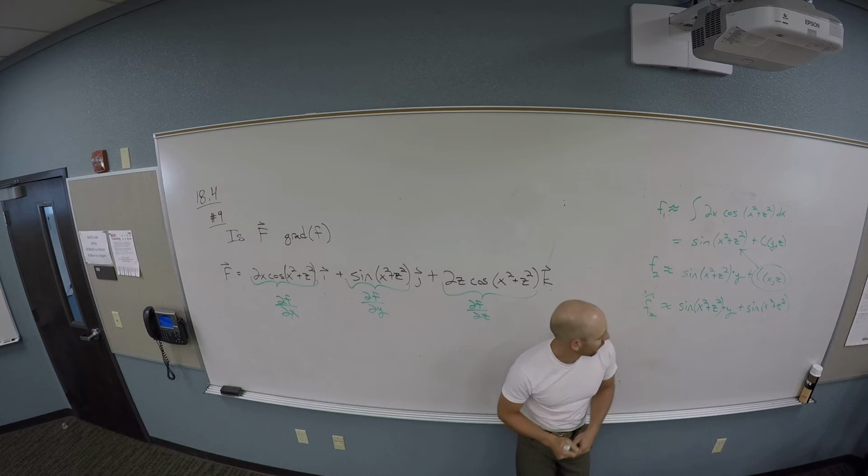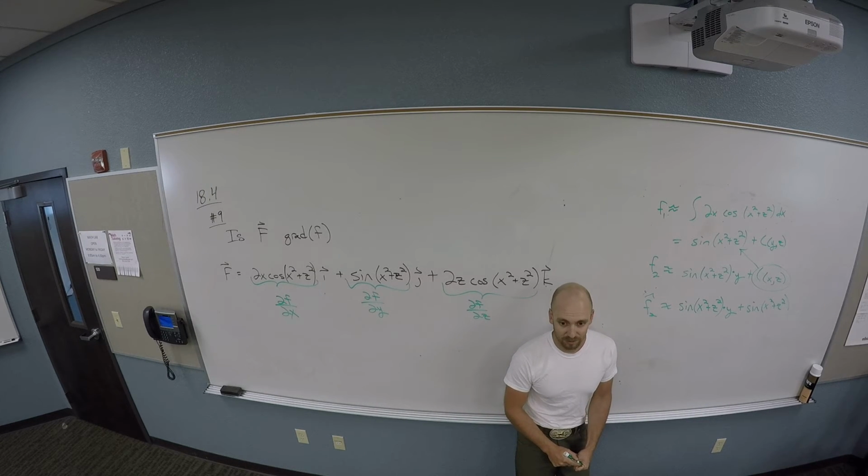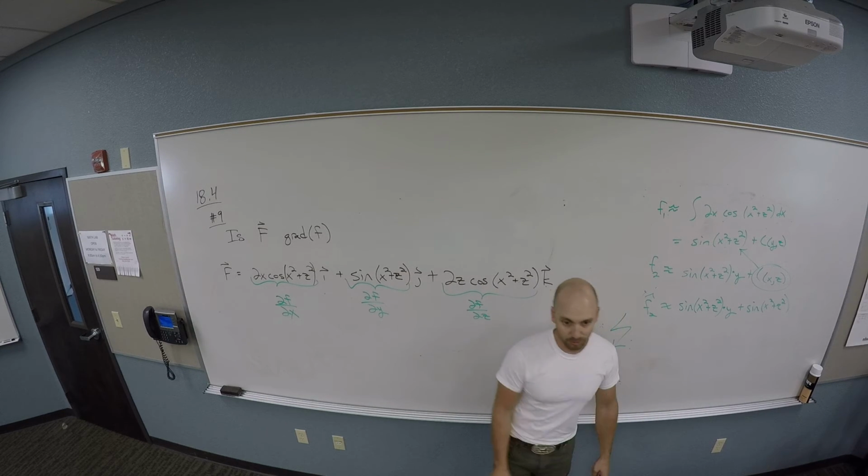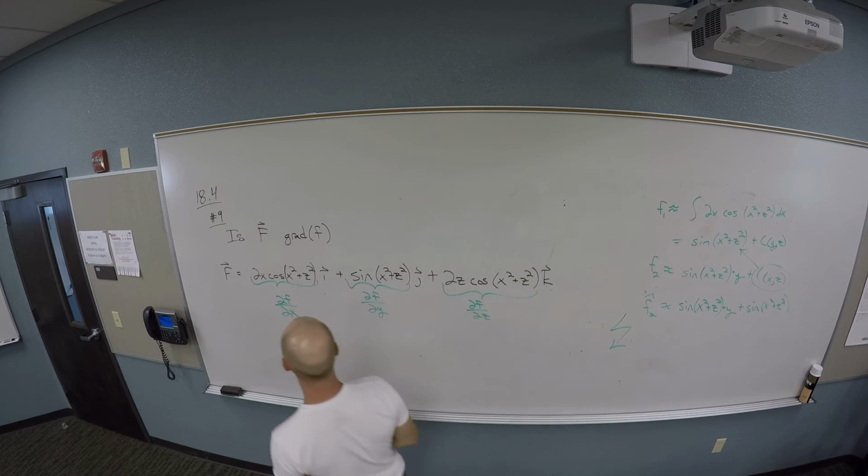If I took the partial with respect to x, I'm going to get some extra stuff, specifically a y left over. See that? This is not a gradient.